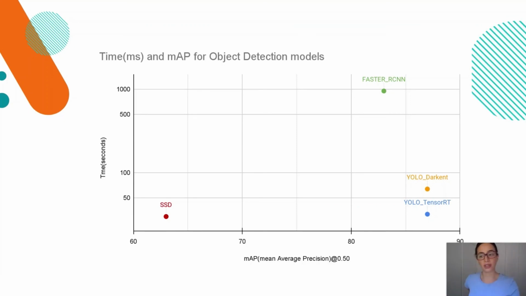But that would be a completely new talk if we went deep into that. I just want to highlight that there's always a big trade-off between a more accurate model and a faster inference time. So in this case, we can see that the fastest and the best model is YOLO. I'm using YOLO v4, but I'm also running YOLO using TensorRT to make it even faster than if it was running just using Darknet.